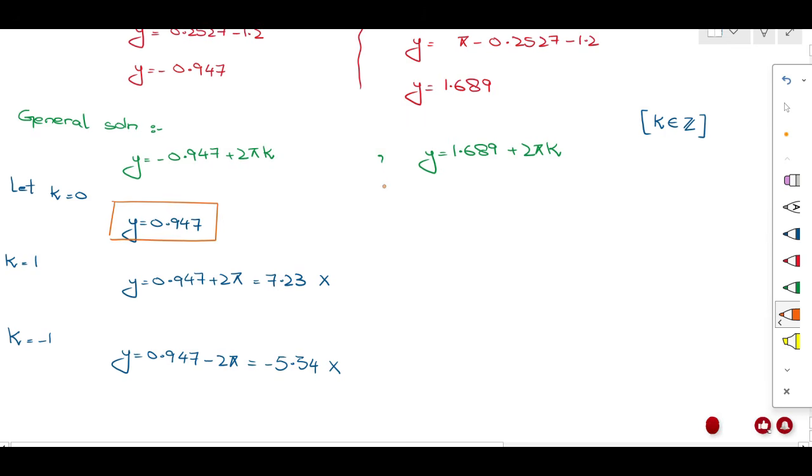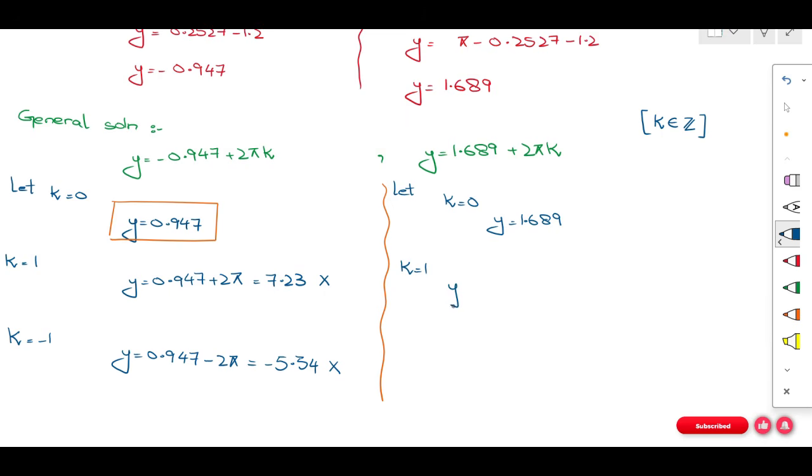Okay. Now let's use the second case. For the second case, again, let k equal 0. So when k is 0, you have y equals 1.689. That is correct. Okay. Now when k is equal to 1, y is equal to 1.689 plus 2 pi.